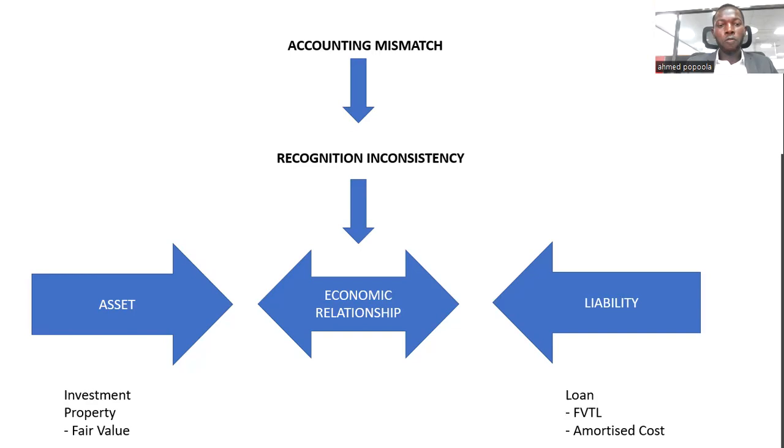So an example I can use is where, let's say, an entity takes a loan from a bank and uses the proceeds from that loan to acquire an investment property, right? It then means that there is an economic relationship between the investment property and the loan taken from the bank, and that loan, in this case, is a financial liability, right?